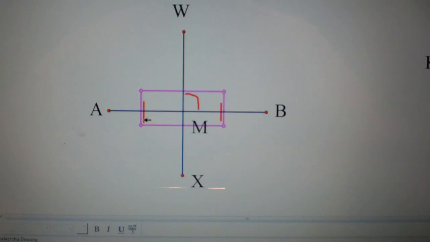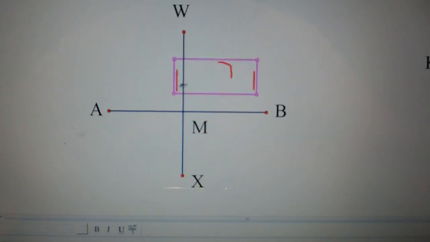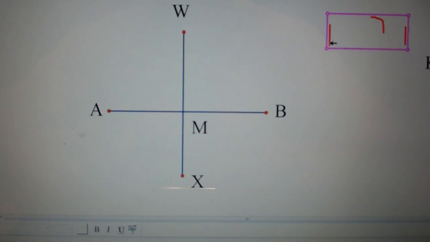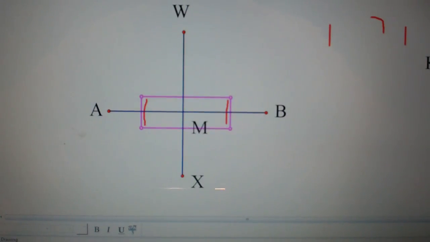Now, if I were to take away some of the information here, say I put in the fact that this is congruent to this, but I don't indicate that it has a box there, so that there's no 90-degree angle, then we cannot assume that this is a perpendicular bisector.